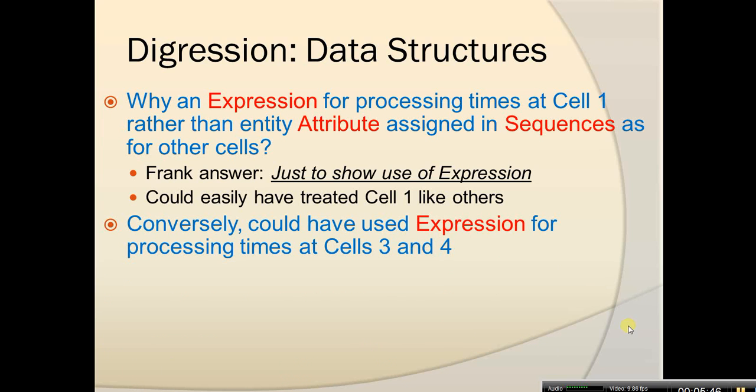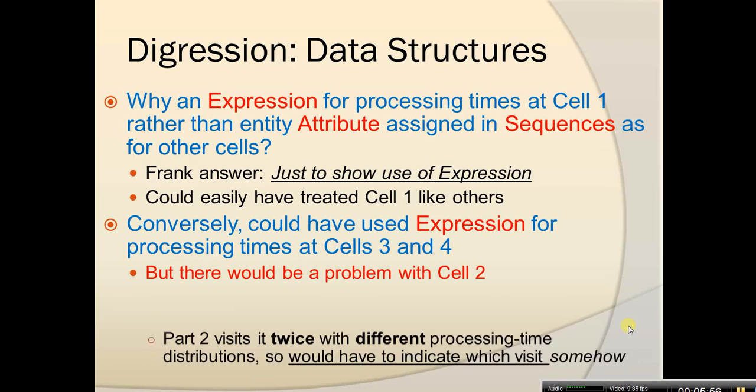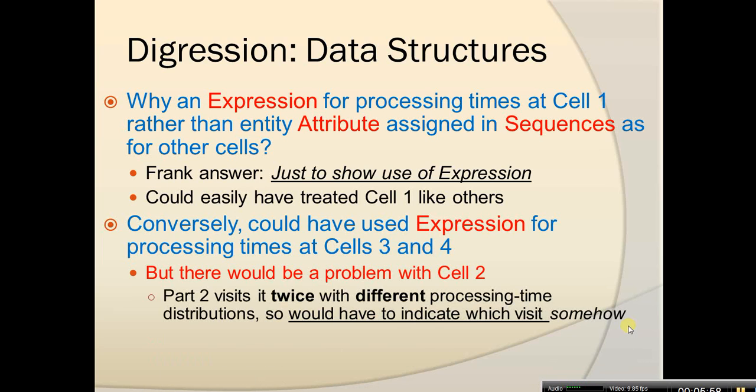Conversely, we could have used an expression for processing times at cells 3 and 4, but there would be a problem with cell 2. That's important to realize because part 2 visits cell 2 twice, and each time it visits it, it has different processing times.